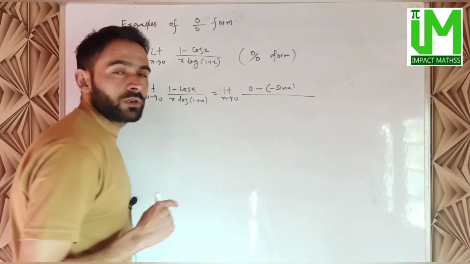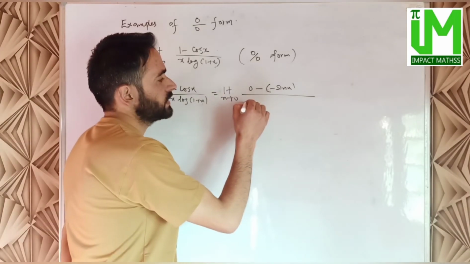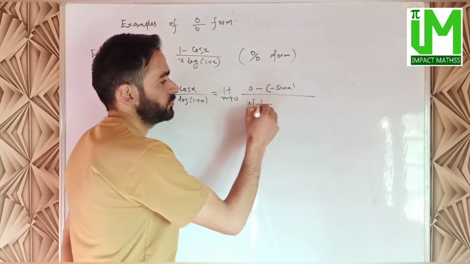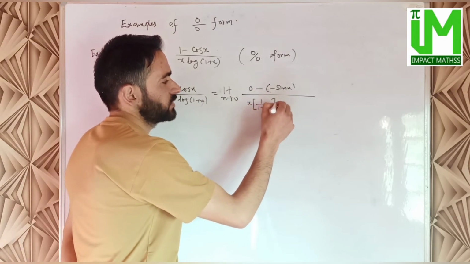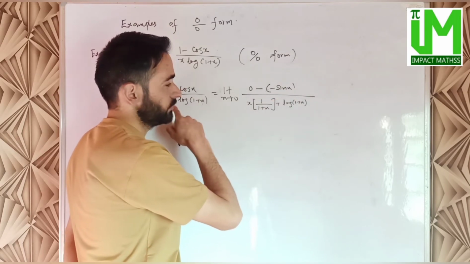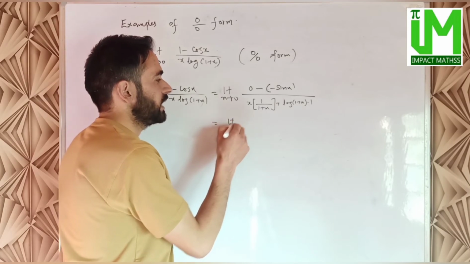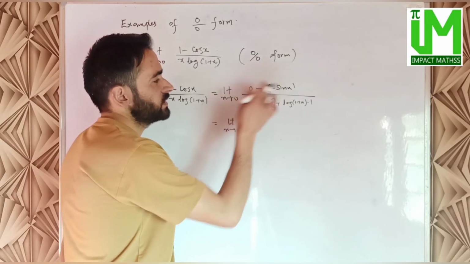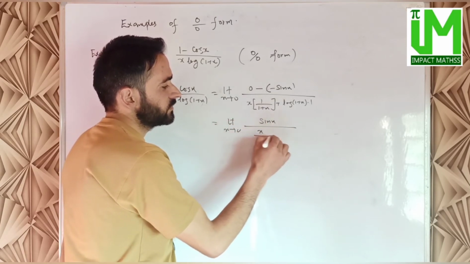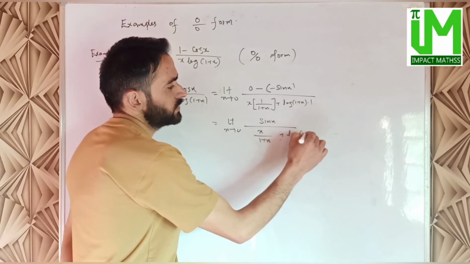So x log of (1 plus x) will be differentiated by the product rule. x will be left out, and the differentiation of log of (1 plus x) is 1 by x plus, log of (1 plus x) will be left out, and we differentiate x, which is 1. So it will be limit x approaches 0, minus into minus is plus, sin x divided by x divided by (1 plus x) plus log of (1 plus x).